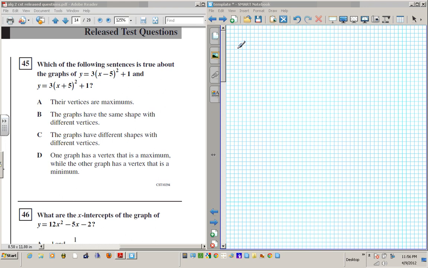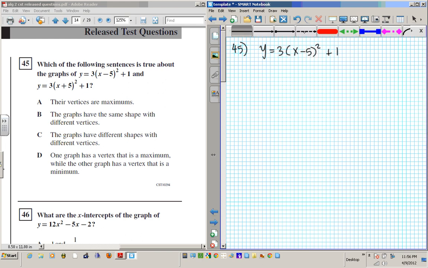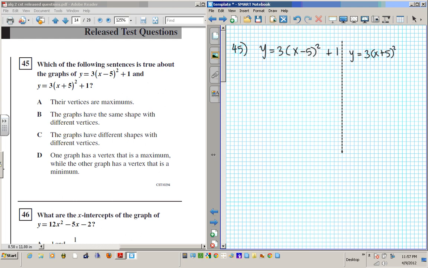The only thing that's different in the two equations is your signs. Okay, so y equals 3 times (x minus 5) squared plus 1, and then the other one you have y equals 3 times (x plus 5) squared plus 1.